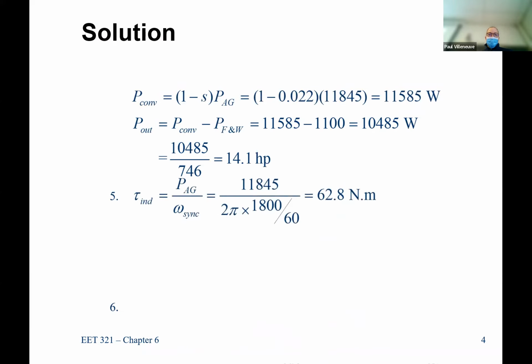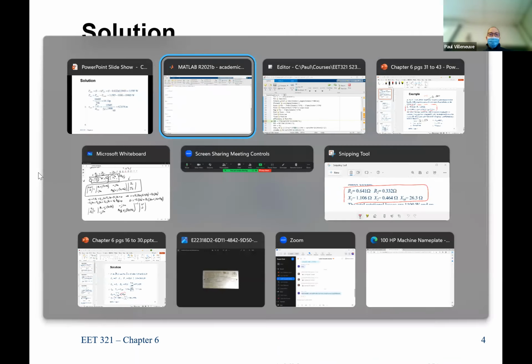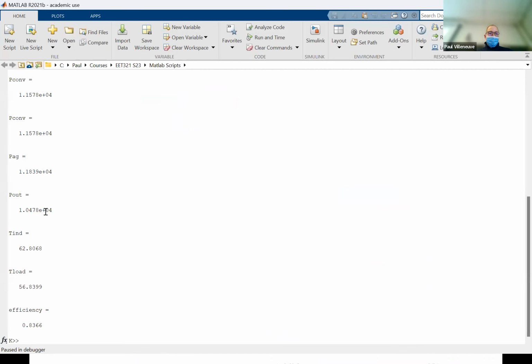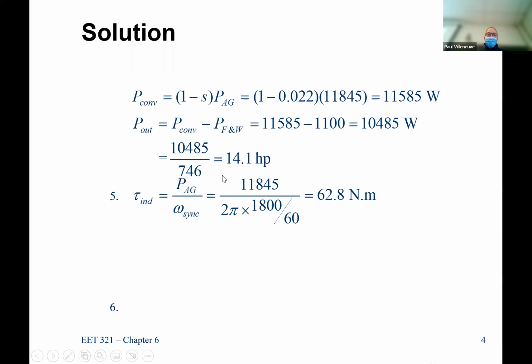Now I'm going to continue. My output power is going to be equal to 10,485. I look over here, output power 10,478 versus 10,485. So again, off by 7 watts. Now my induced torque: air gap power divided by my omega sync.